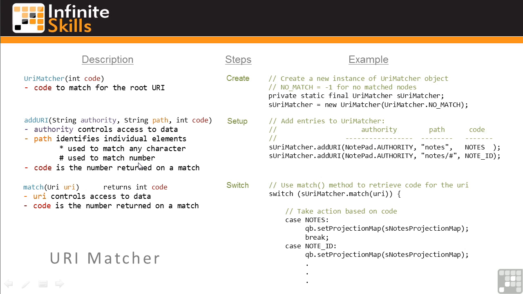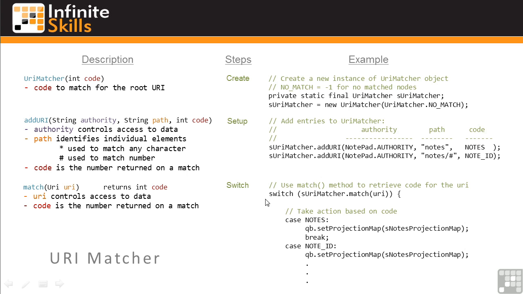In this example, we've matched the combination of Notepad authority and the notes path to the constant NOTES. And NOTES has been defined, as we'll see in the app code, as a 1. And we've matched the combination of Notepad authority and notes/# to the constant NOTE_ID, and NOTE_ID has been defined as a 2.